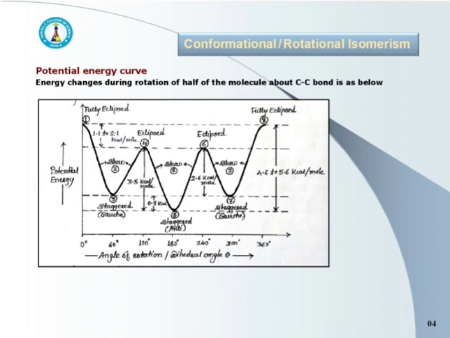See the potential energy curve given here. Energy changes during rotation of half of the n-butane molecule about the carbon-carbon single bond are shown in this curve. Here the x-axis represents the angle of rotation, while the y-axis represents the potential energy.